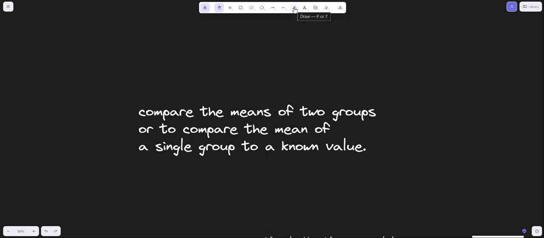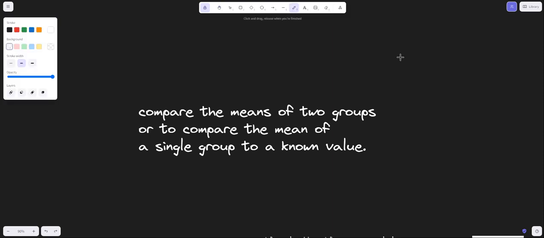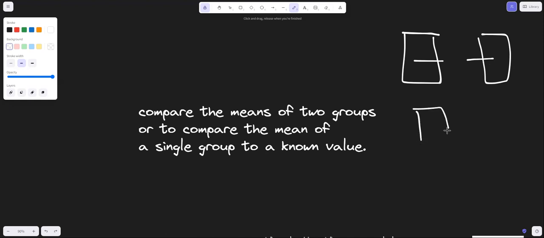So a t-test is basically comparing mean values: either the mean values of two groups, or the mean value of a group with some other value. This is what a t-test is.